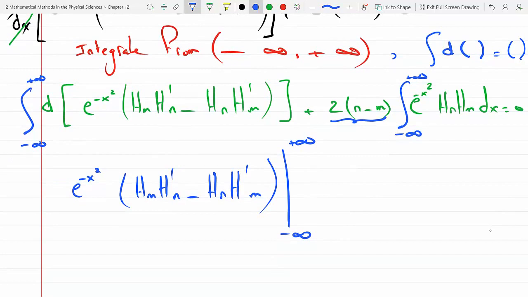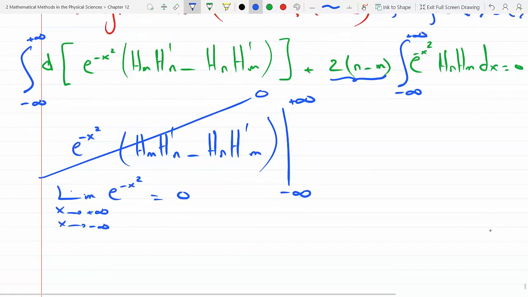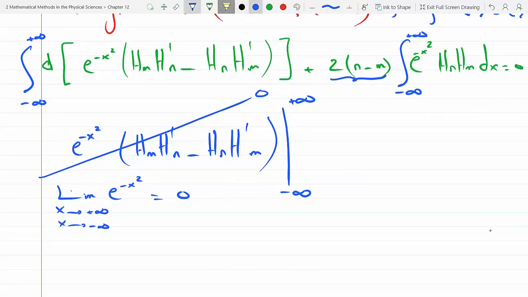However, as you know, the limit of e to the minus x squared, whether x goes to plus infinity or minus infinity, this guy dies down. The answer is 0. So this whole term drops out to 0, which means the remaining term here has to equal 0, right?